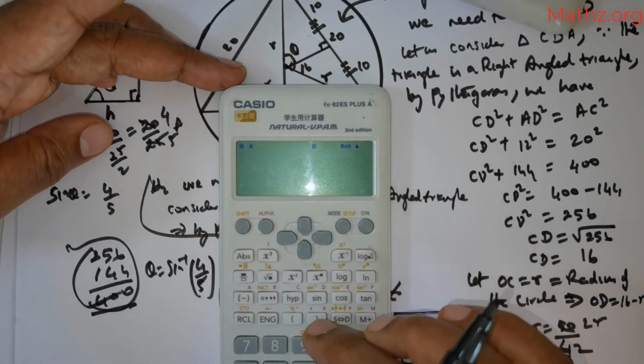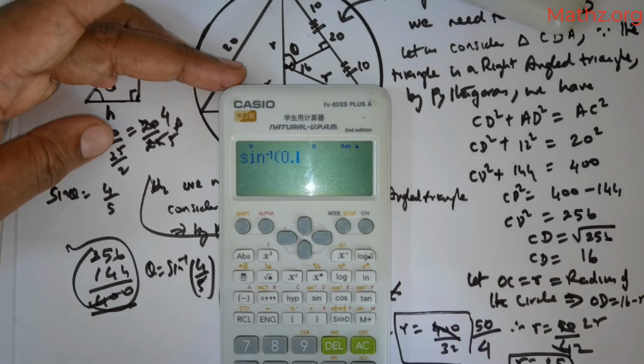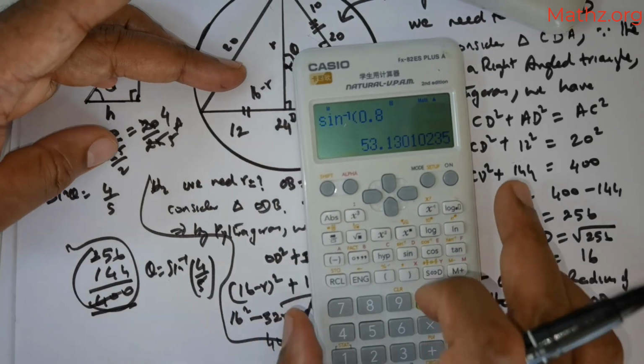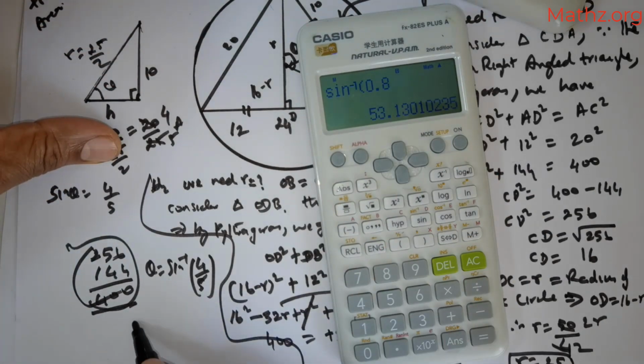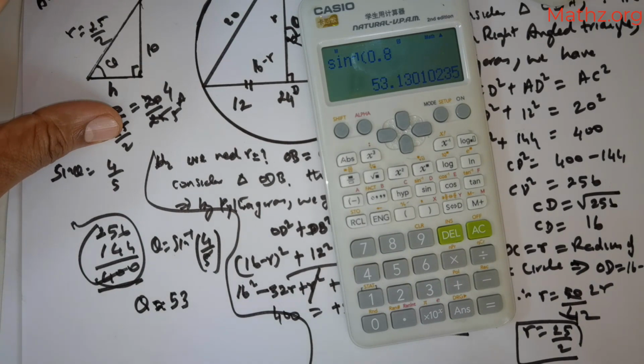So sine inverse of 0.8 gives me 53.13. I'm taking an approximate value, so let me just take it as 53. So theta is approximately 53.